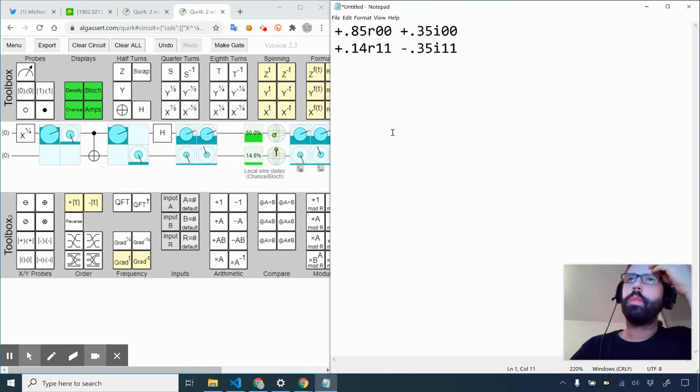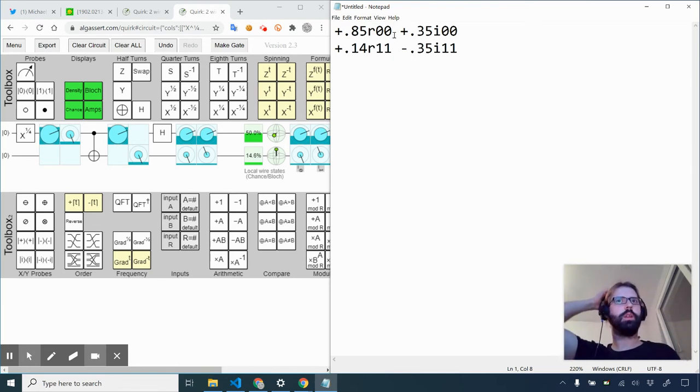So when I apply a Hadamard, yeah, that's actually going to create stuff, right? It's not really... No. This is not creative interference. This is just superposing stuff.